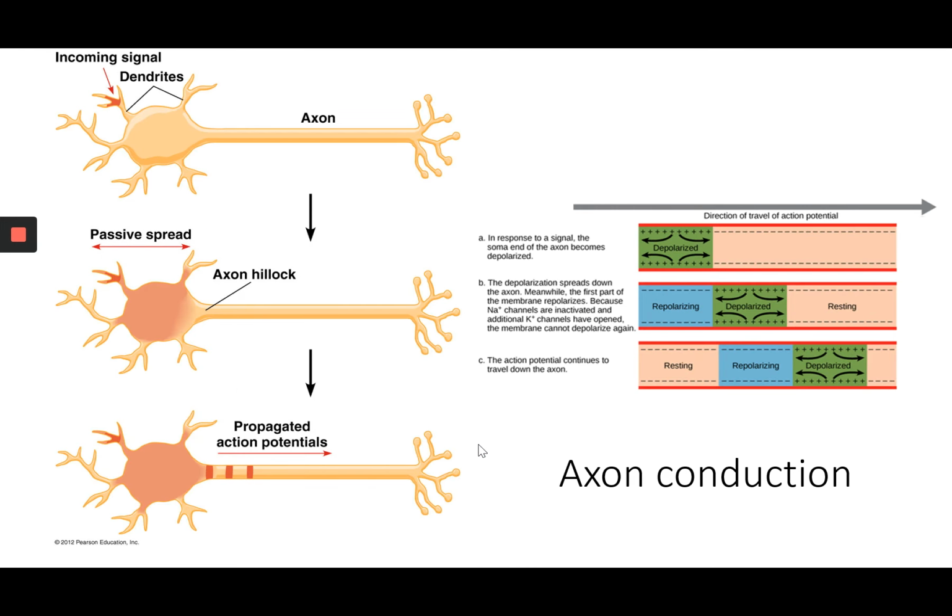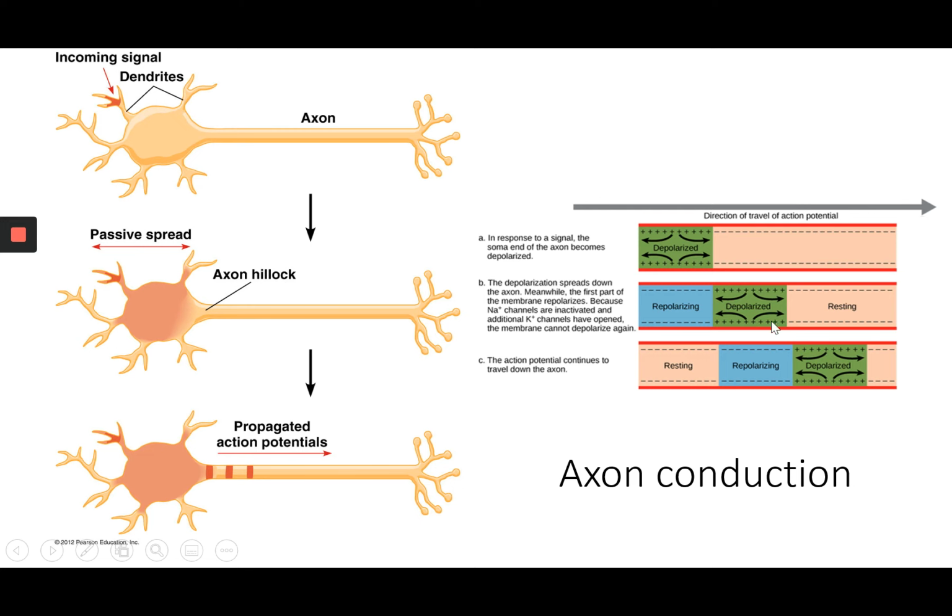And when I talked earlier about adjacent segments of the axonal membrane, I was talking about this image. So depolarization doesn't occur all along the axon at once. It occurs in one segment of the axon and then moves to an adjacent segment. Because of how depolarization and repolarization work, the depolarizing signal will not move back towards the axon hillock.